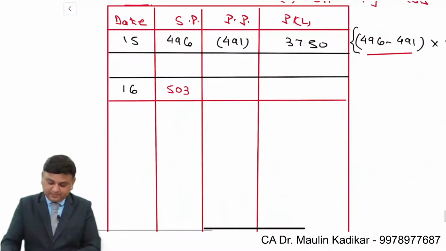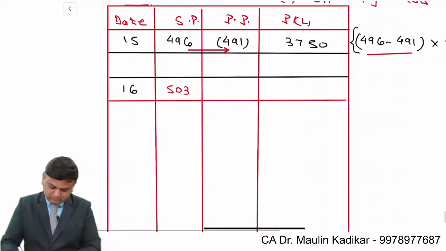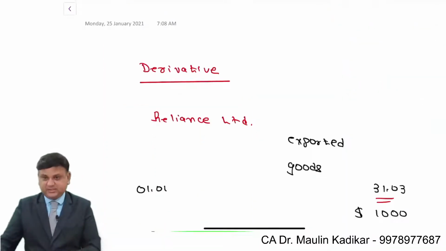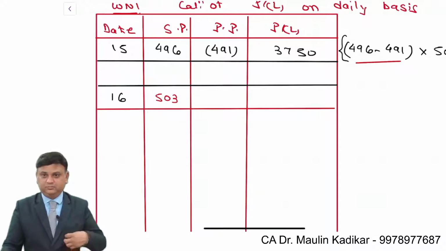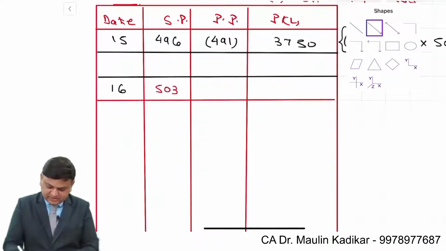So now what will happen? 496 will become the purchase price.